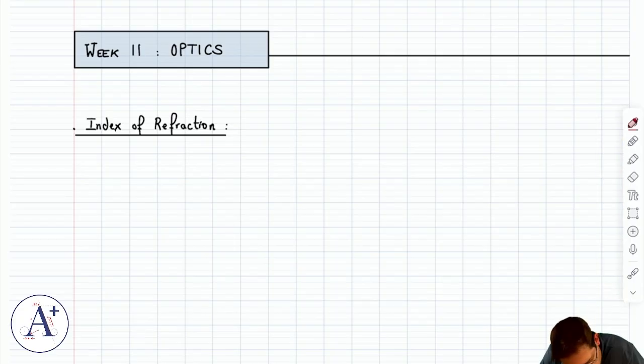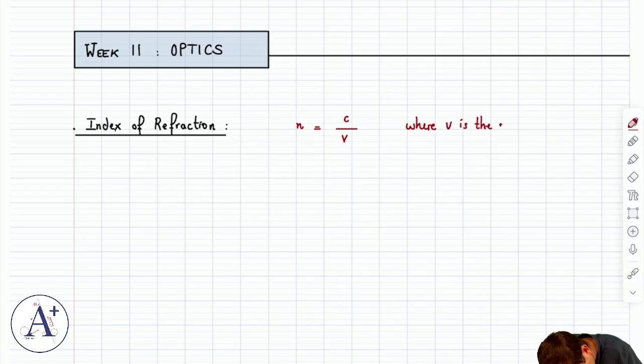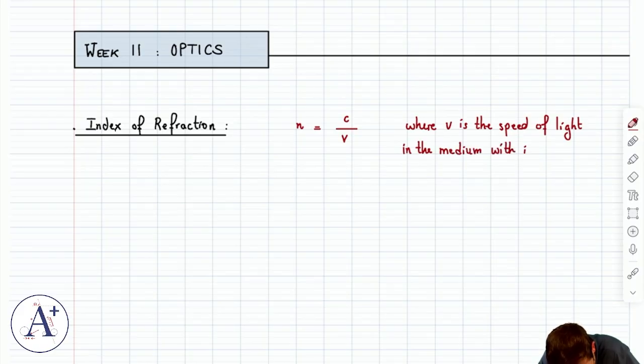The index of refraction is little n, and it is the speed of light, c, divided by v, the speed of light in the medium with index n.